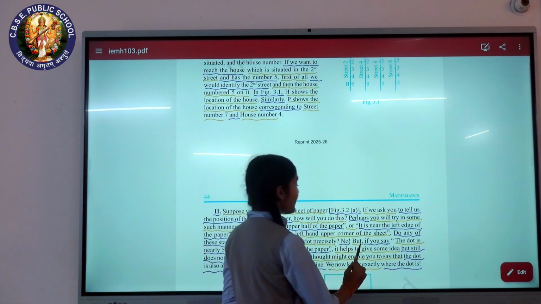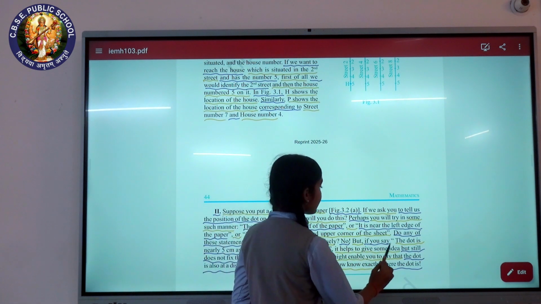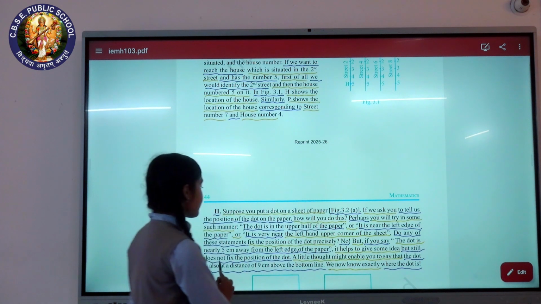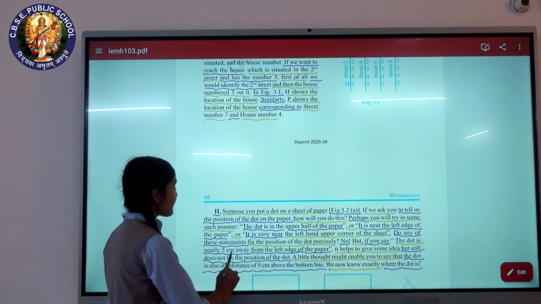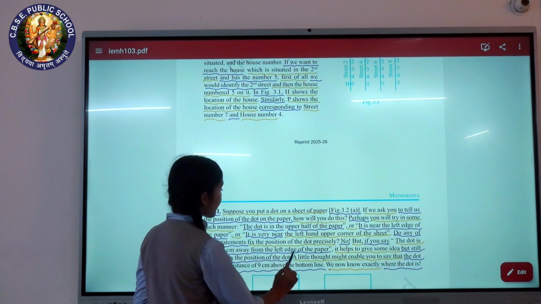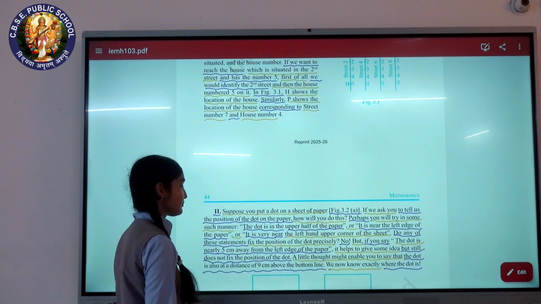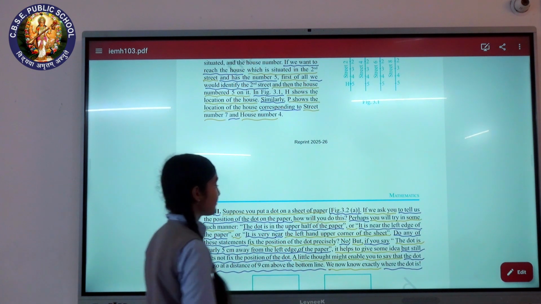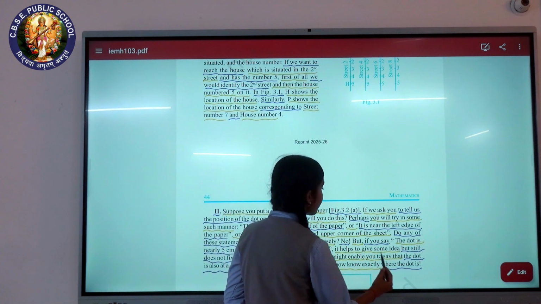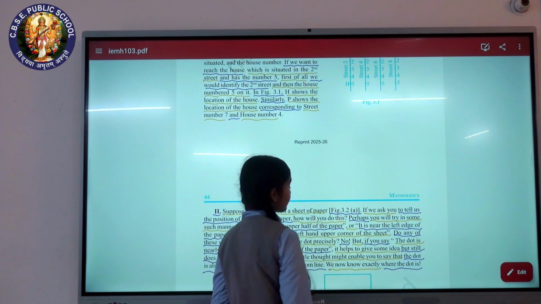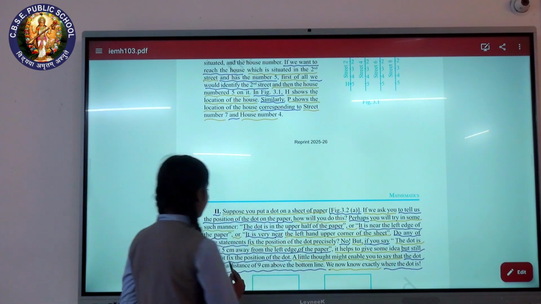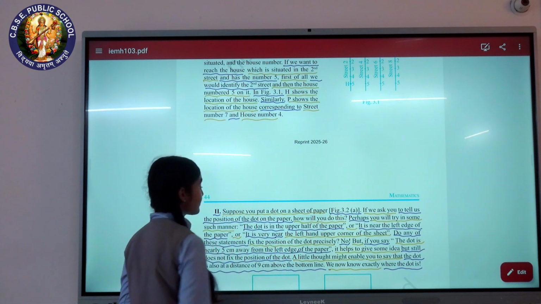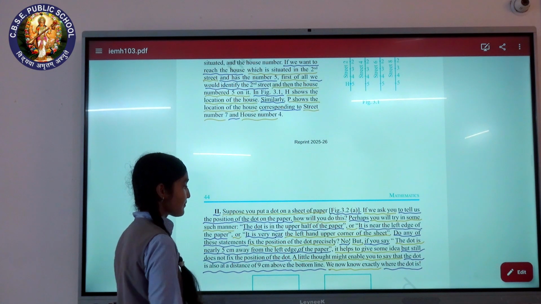No. But if you say the dot is nearly 5 centimeters away from the left edge of the paper, it helps to give some idea, but still does not fix the position of the dot.